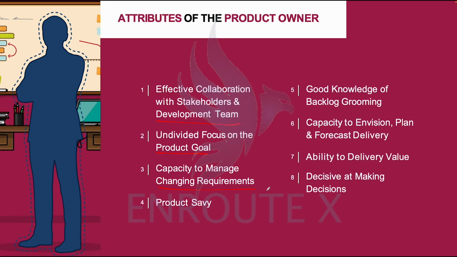One of the values of the Agile Manifesto talks about responding to change rather than following a plan. Since Scrum is Agile, the product owner must be able to manage the changing requirements as they come.